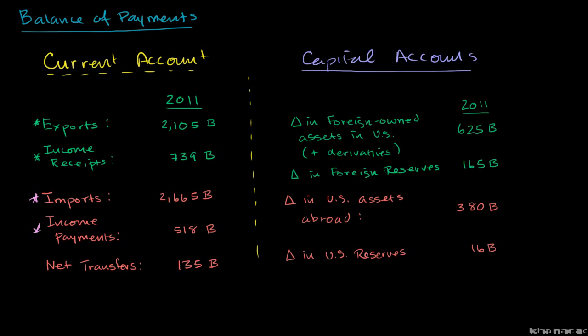And so this last part right over here, this is net transfers. This is literally just on a net basis, Americans giving money away to the rest of the world. Since Americans give away more than they receive from the rest of the world, we're not talking about a transaction. This is kind of just pure, I'm an American citizen, I give money to my mom in France, or this could even be foreign aid, the U.S. government giving aid to a country.